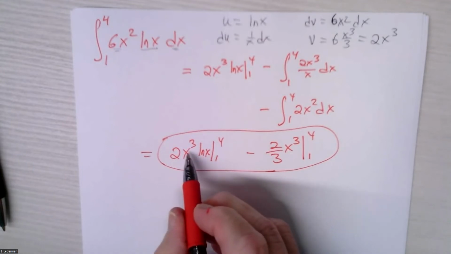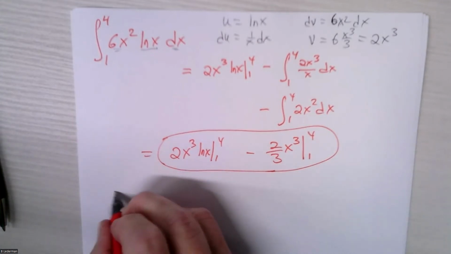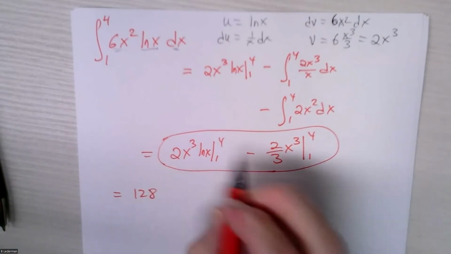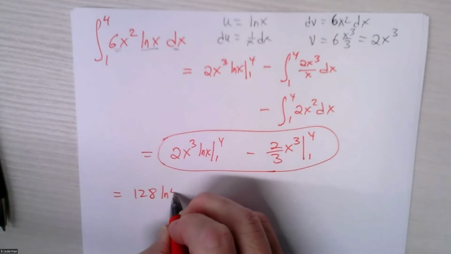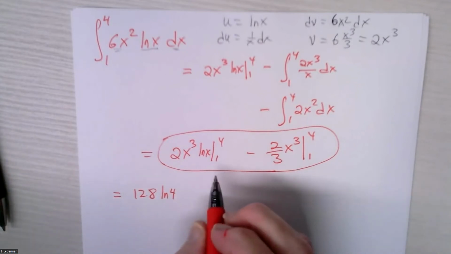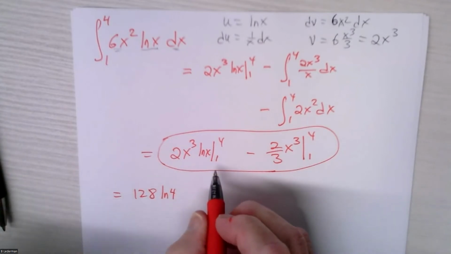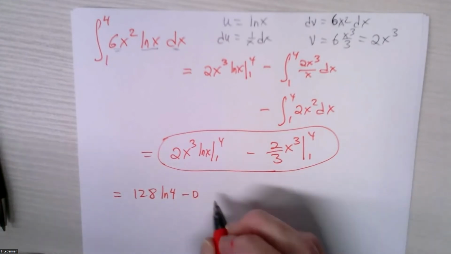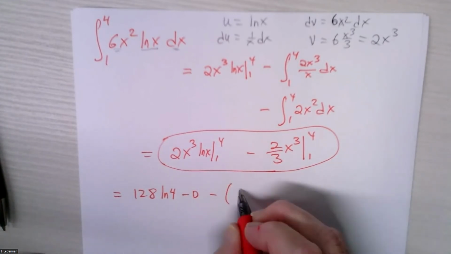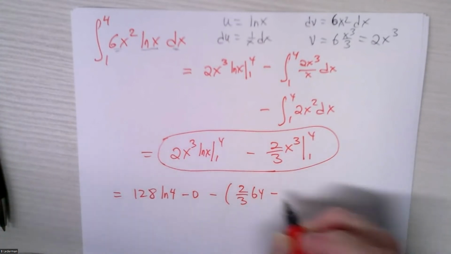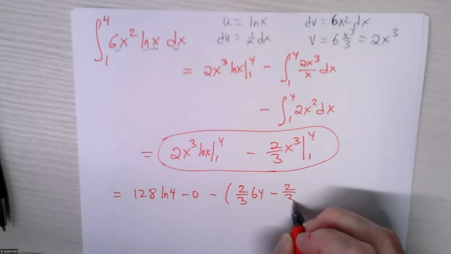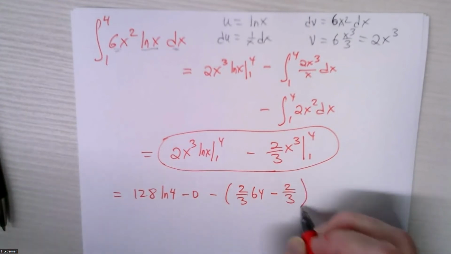This is going to be 2 times, what's 4 to the third power, 64. So that's 128. 128 times ln 4 minus, and minus ln 1 is just minus 0, minus 2/3 of 64 minus 2/3 of just 1.